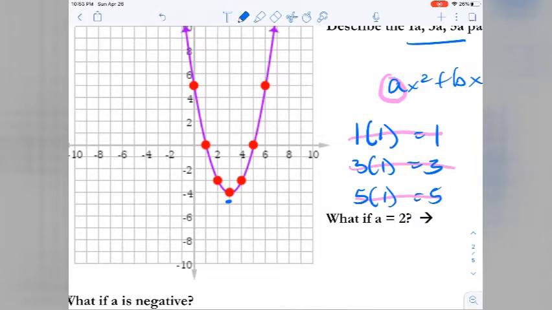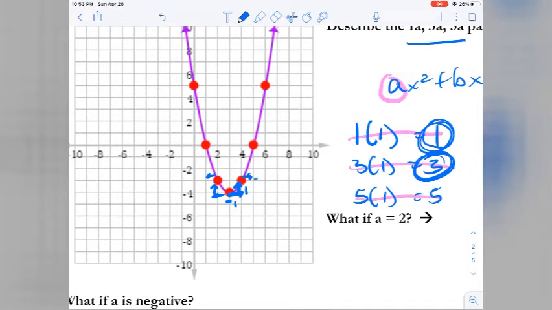And what you're going to notice is that for the first one, 1a, we go out 1 from the vertex in both directions, and then the number we have tells us how high or how far up we go. So in this case, since it's 1, we go up 1 step. Then we go out again 1 step, and then this number tells us how high we go.